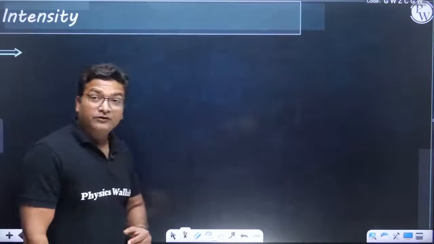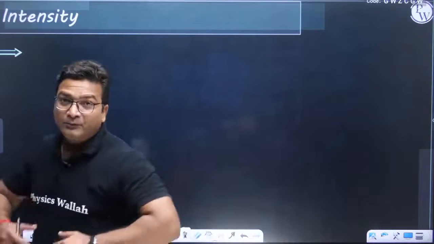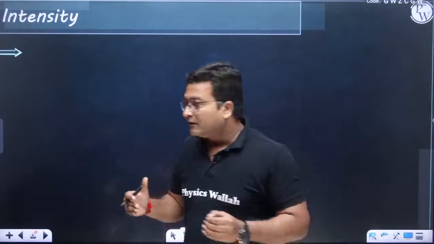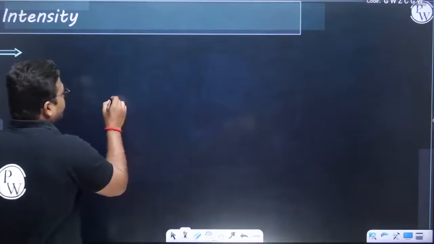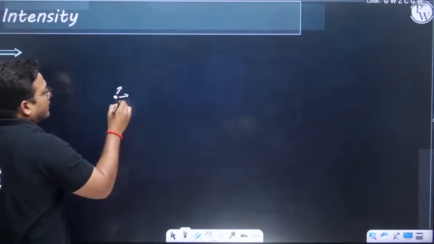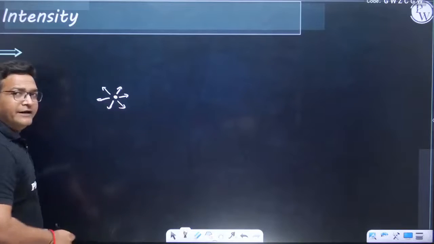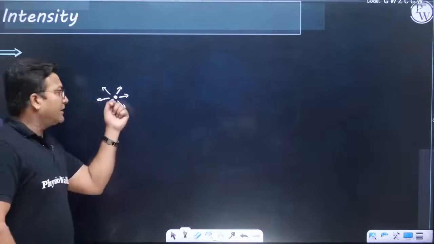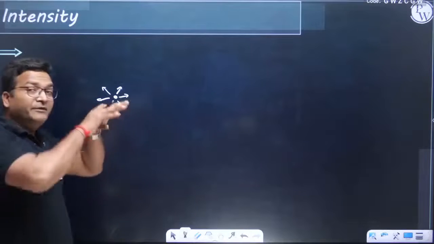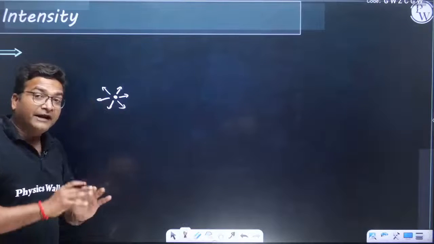Next we can talk about the intensity of the point source. As you know, the point source emits light in all directions equally. So if we have a point source right here, it is emitting light photons in every possible direction, not only in 2 dimensions. It is emitting light towards you also, and backward also, means in 3 dimensions, in every possible direction it is emitting light equally.